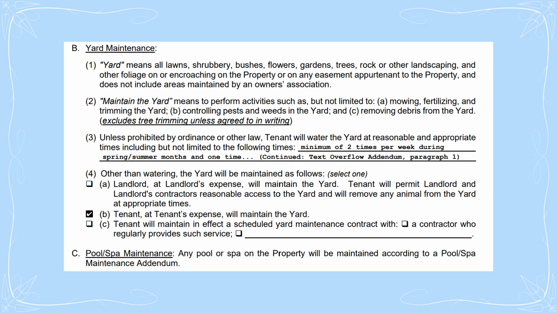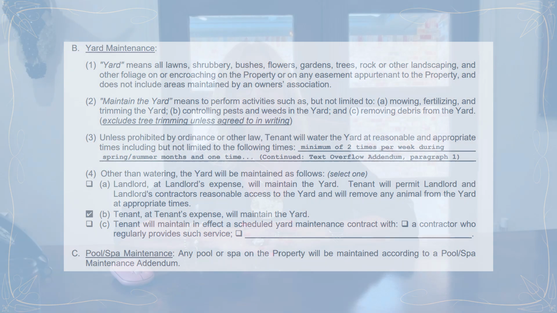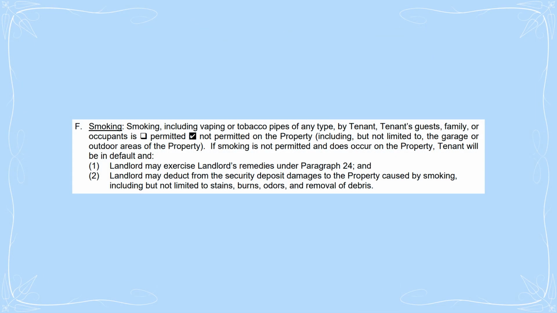Additionally, we ask that you water the lawn a minimum of 2 times a week during the spring and summer growing months. Everything that's alive when you move in needs to be alive when you move out. Also consider that all of our properties are non-smoking properties. This includes inside and outside on the property.